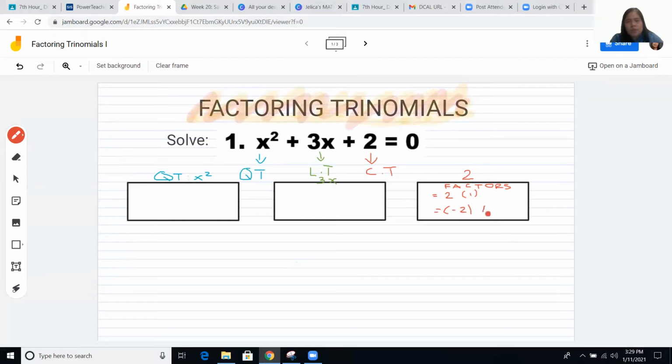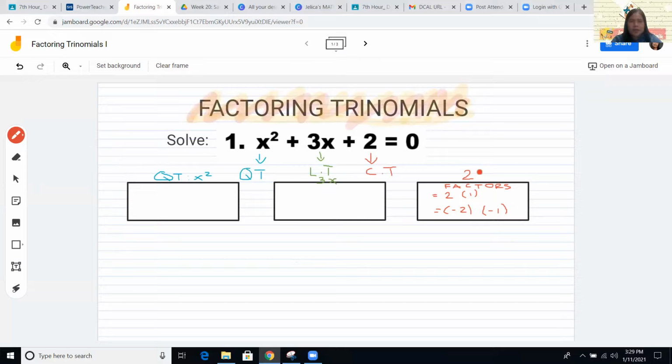Is there any more factors for 2? Let me know. Just comment your answer if you still know factors for 2 that we can get 2 when we multiply two numbers. Comment on the comment box below. Okay, next. Then I think these are all the possible factors for 2. When we multiply those two numbers, we'll get the constant term.